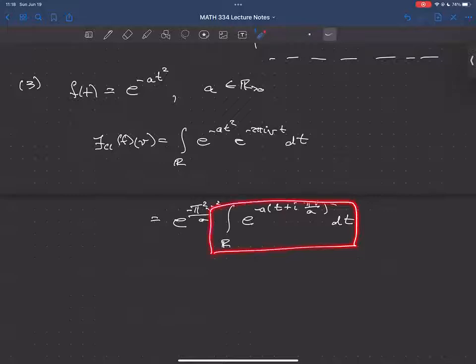All right, and what we're going to do is we're going to recognize that this thing is the integral in the complex plane, because this thing here is a complex number, so we're going to sort of take that to be z, and we're going to notice that in the z plane it's an integral over a line with imaginary part equal to that, and we're integrating over the real part. Okay.